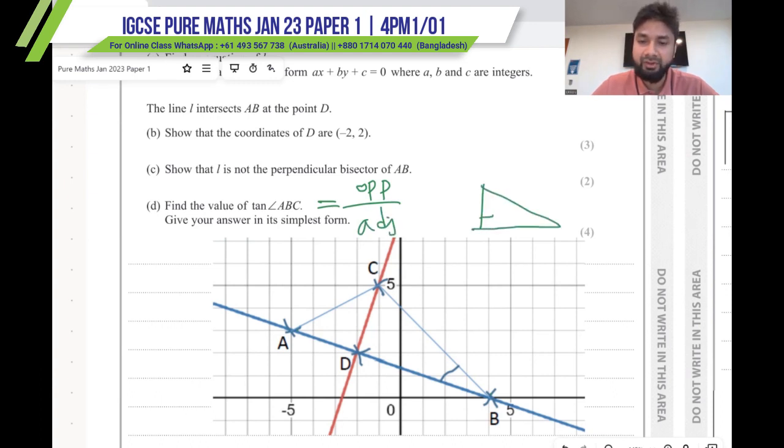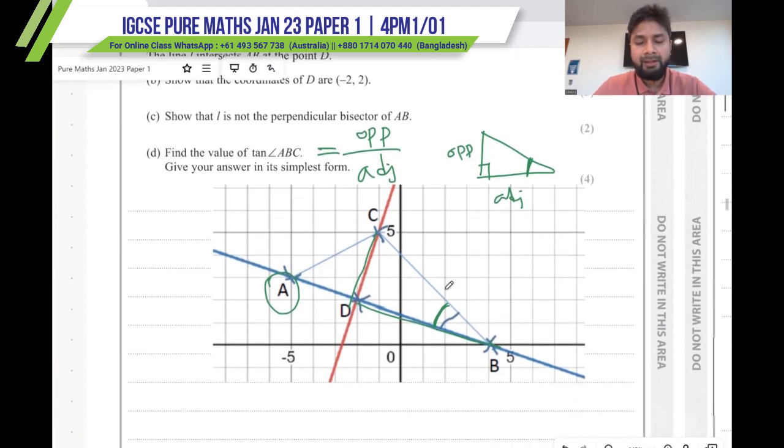If we have a right-angled triangle, we can use this formula of opposite and adjacent to find this angle. So from here, if we want to find this angle, we can use the length of DC as opposite and DB as adjacent. We can ignore this A, although the question says ABC. We can just simply try to find DBC.